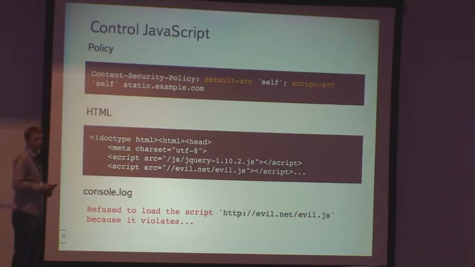And now we need to talk about how to control JavaScript. We add some more magic. We specify that the default behavior will be: browser, please load resources only from the origin of the current web page, and we ask the browser to permit scripts only from the origin and from the host with static content.